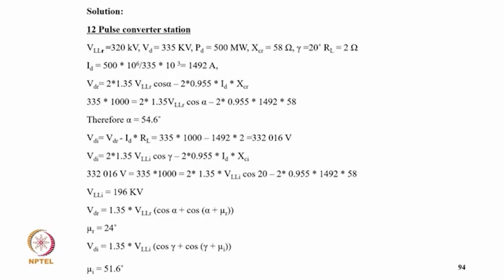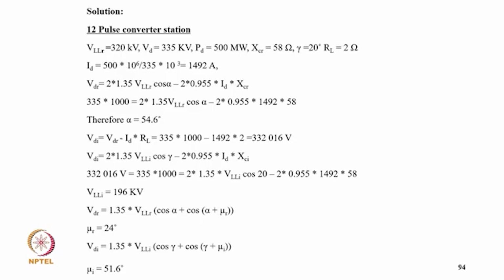So calculating ID, that is power upon VD, it comes to 1492 ampere, and VDR equals 2 into 1.35 VLR cos alpha minus 2 into 0.9 ID into XCR. Putting in the values, alpha comes to 54.6 degrees, and then VDI equals VDR minus ID into RL, so it comes to 332.016 volt, or 332 kilovolt.